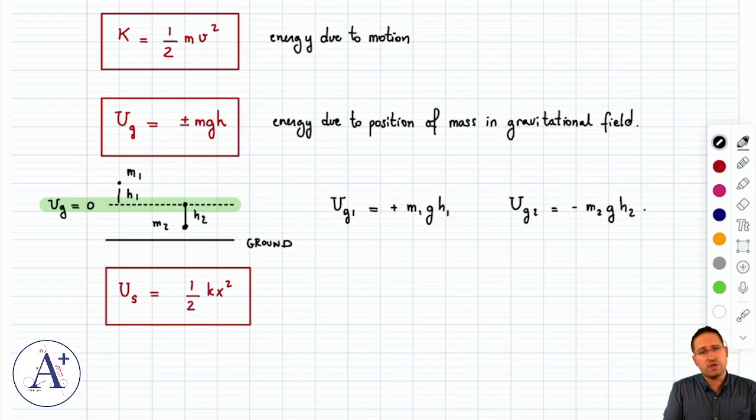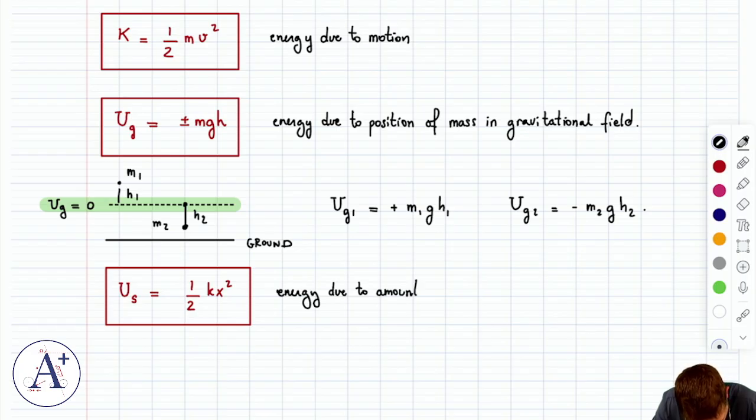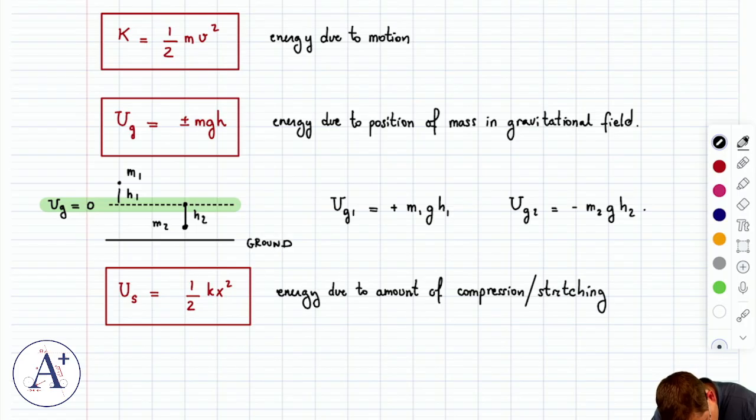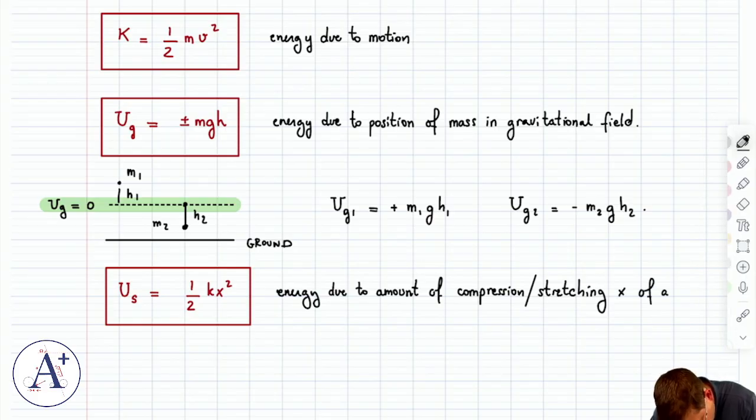But effectively what you're doing is you're putting energy in the spring that you can get back. Okay, and so this is the energy due to the amount of compression or stretching X of a spring.